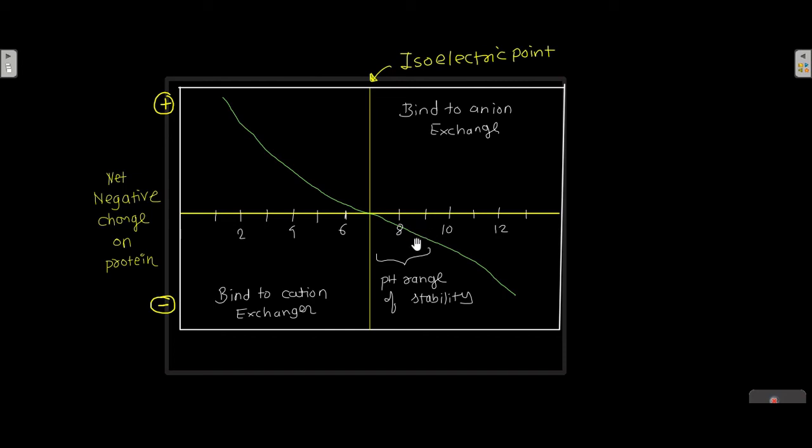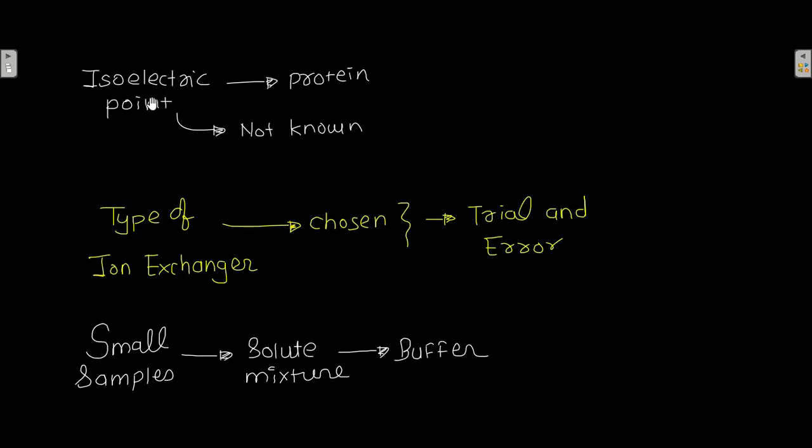Now in most cases, what happens is the isoelectric point of a particular protein is not known. Now in this case, the type of ion exchanger should be chosen by trial and error method. Okay, you choose a particular ion exchanger by trial and error method if you don't know the isoelectric point of the protein that you are trying to isolate.